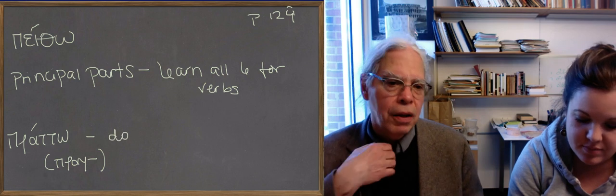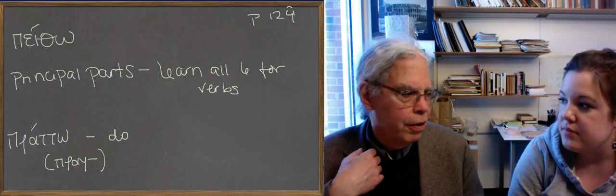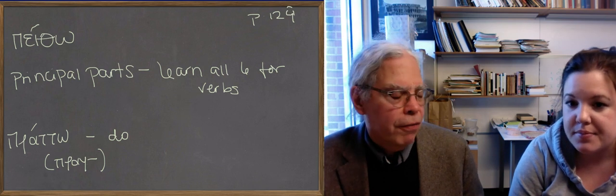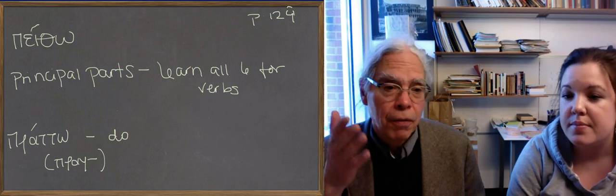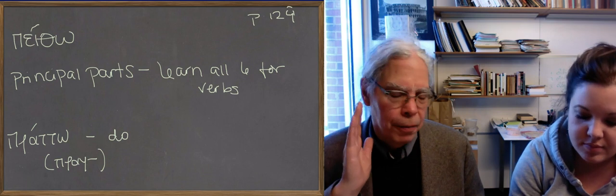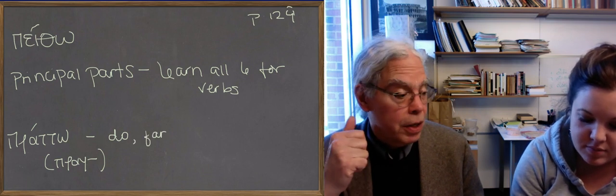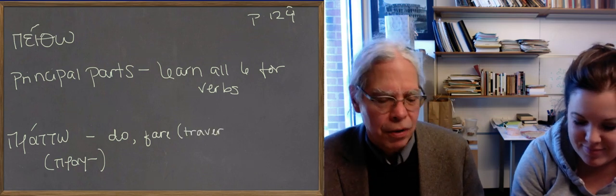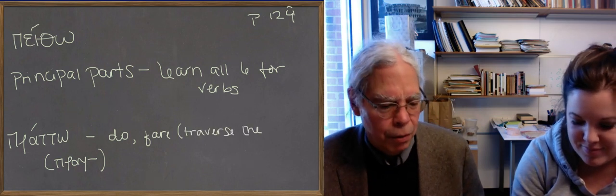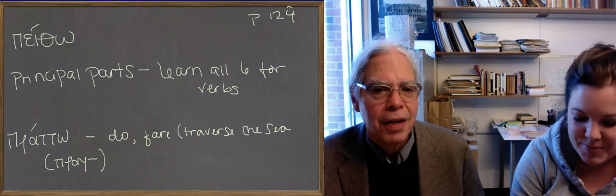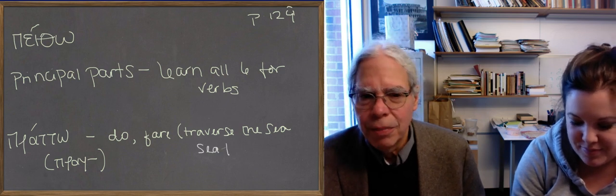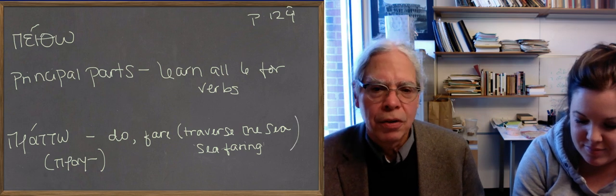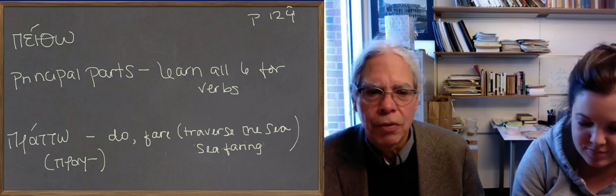Fare is, I don't think, a living word in normal English. We do have it in phrases like seafaring, and the original meaning of this verb means to traverse the sea. Actually, it means to succeed in crossing over watery space. That's the original meaning in some very old texts, but it gets generalized into something like do or anything.